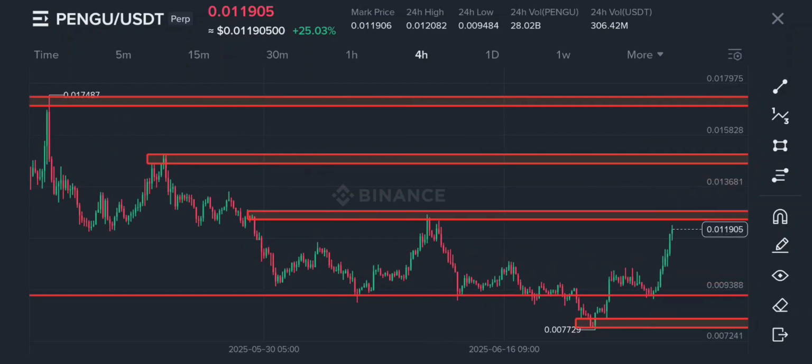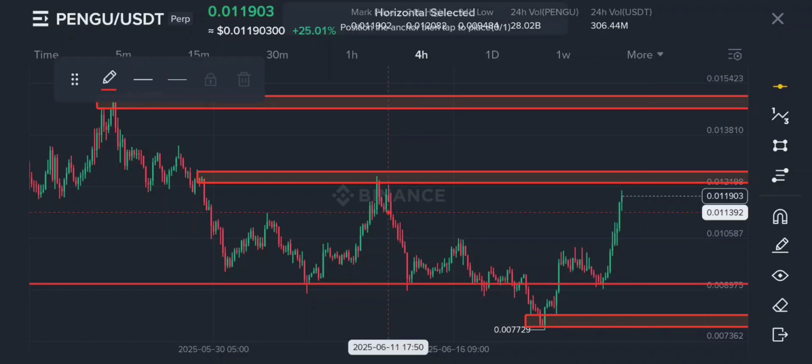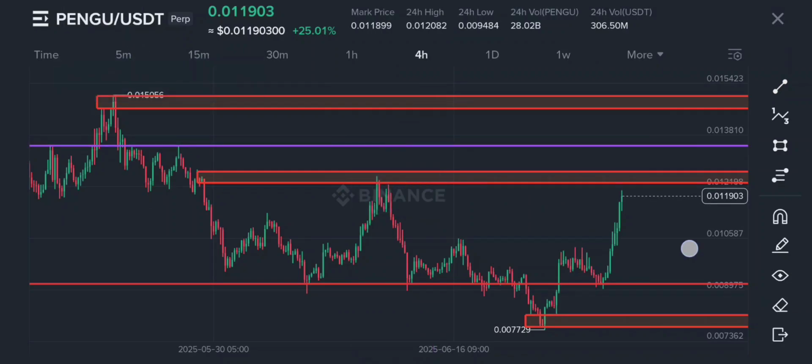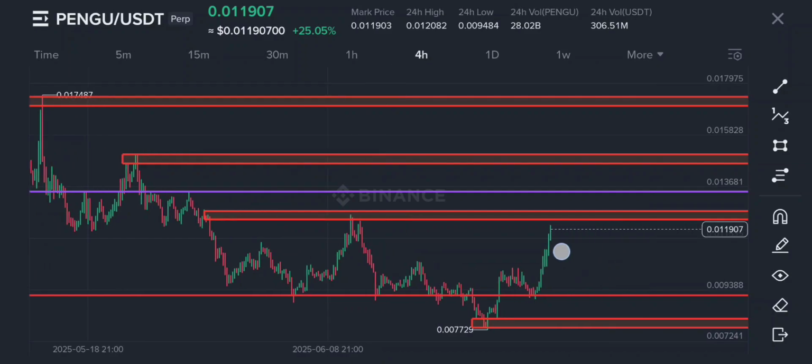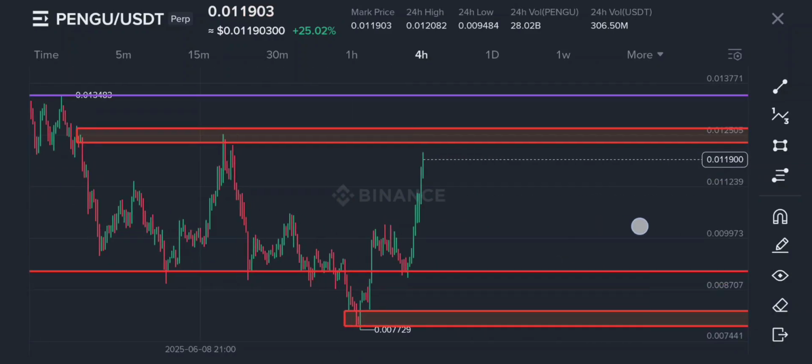Okay, there is something else here, but this is 4 hour. So I'm going to mark this with a purple line. Okay, that is what we have seen so far.